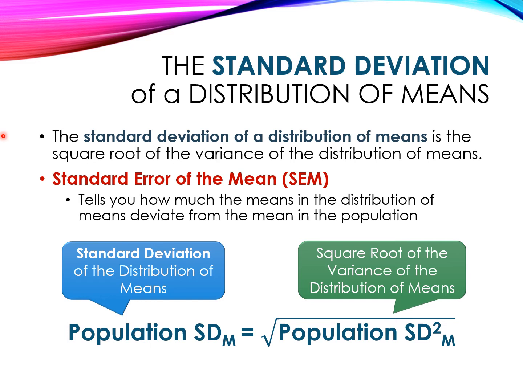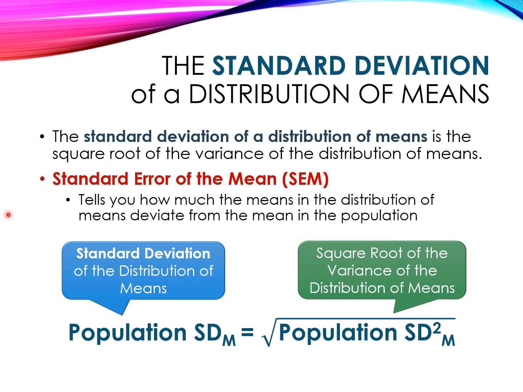And so the standard deviation of a distribution of means is the square root of the variance of the distribution of means. Okay, so there's the variance right there. We just calculated it on the previous screen, and it's just the square root, right? And it makes sense. There's our M, there's our SD squared, that's variance. It's the same thing, just like old math.